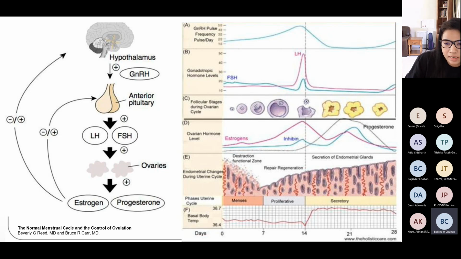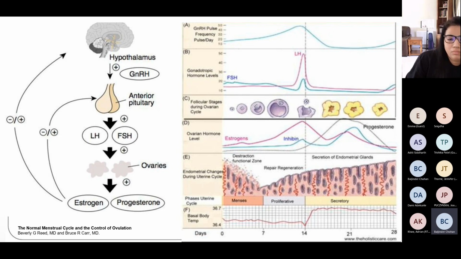And that's important to understand because that helps us differentiate the type of treatment we need to use for different people. If the problem is that there is no ovulation, and that's why the patient is having really long cycles, then what we do to help them will be very different to somebody who's having ovulatory cycles but a long menstrual cycle.